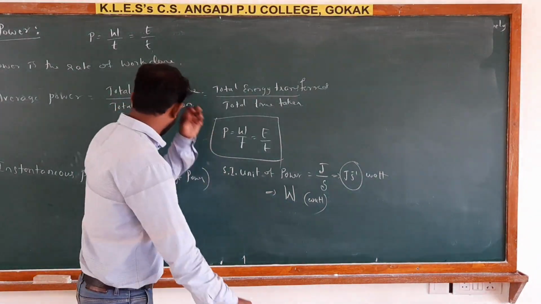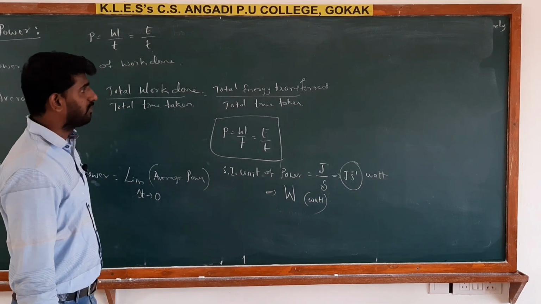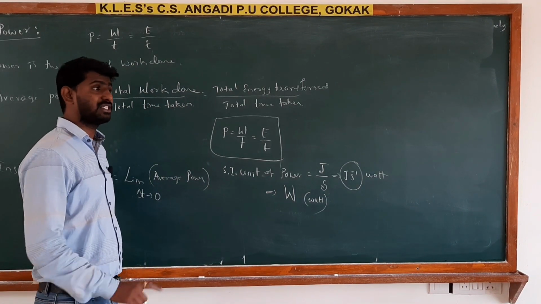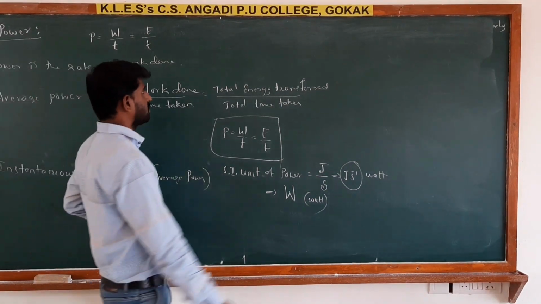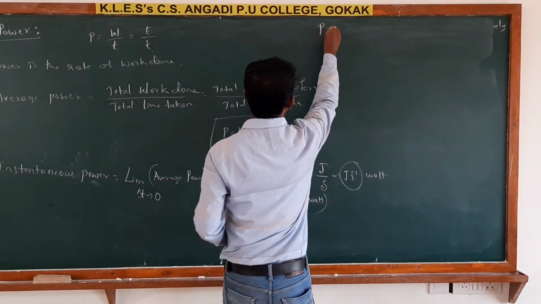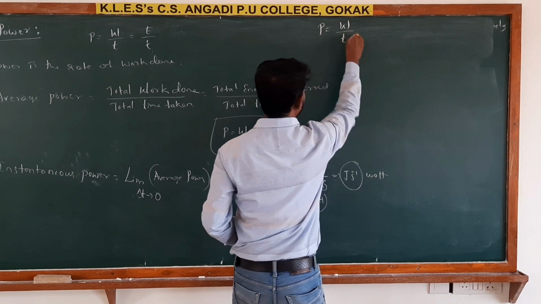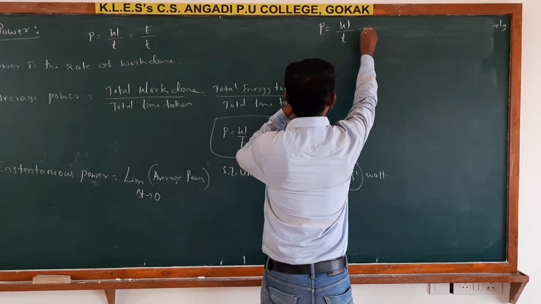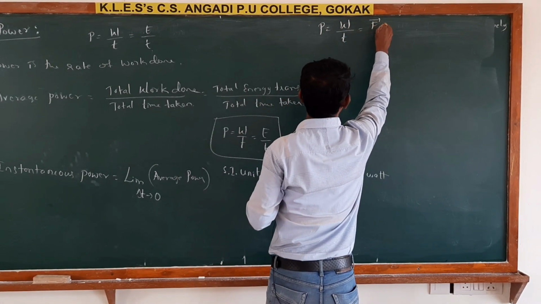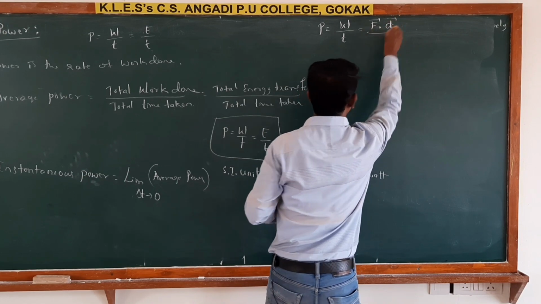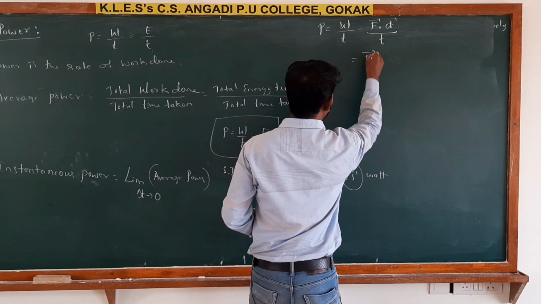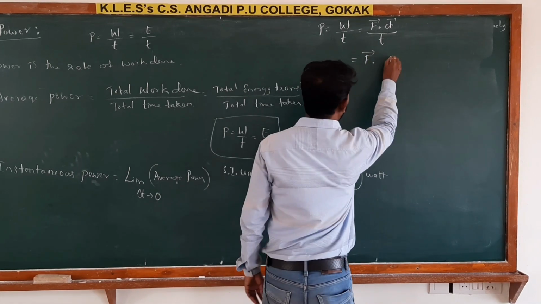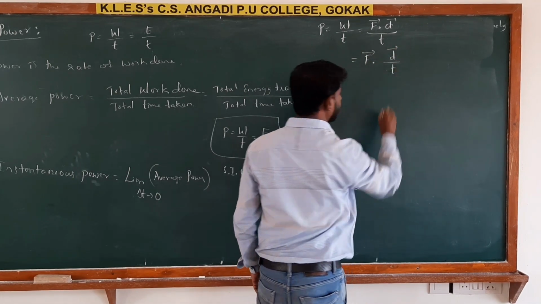Is it clear? Can you write the value of power in terms of speed and force? We'll try. Power formula P is equal to work done divided by time. For the work done, I can write force vector dot displacement vector, divided by time. Take F separately with the dot operation as it is, and displacement vector divided by time.